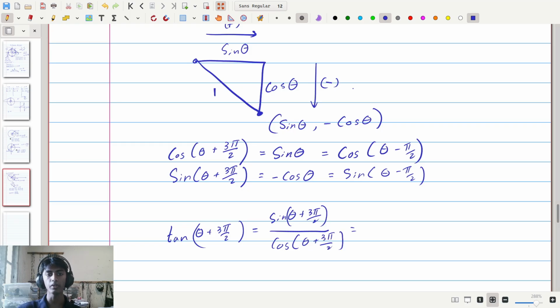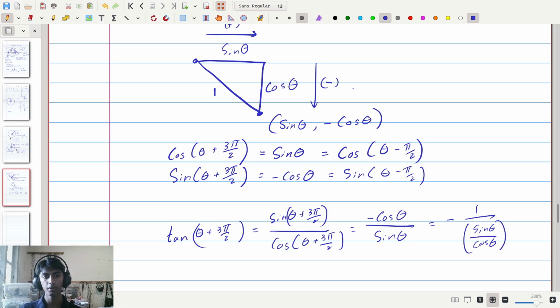So what are these equal to? Sine of theta plus 3 pi by 2 is equal to negative cos theta, and cos of theta plus 3 pi by 2 is equal to sine theta. So this is also equal to negative 1 times cos theta divided by sine theta.